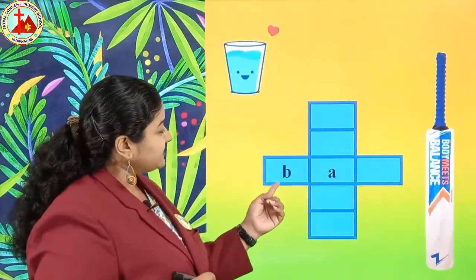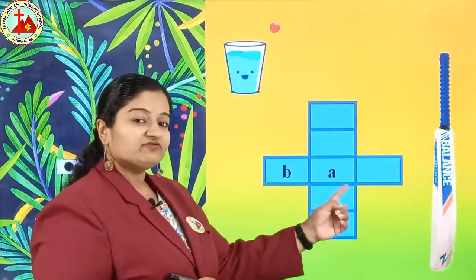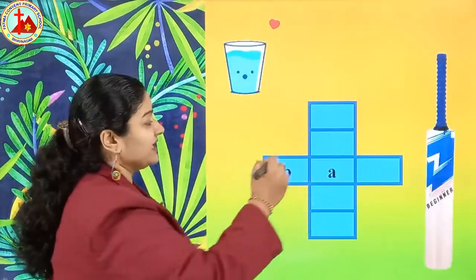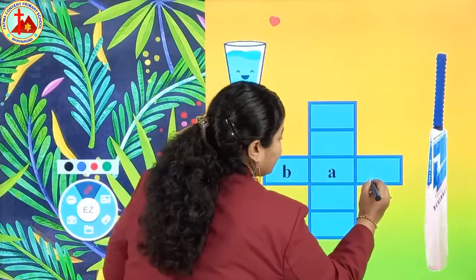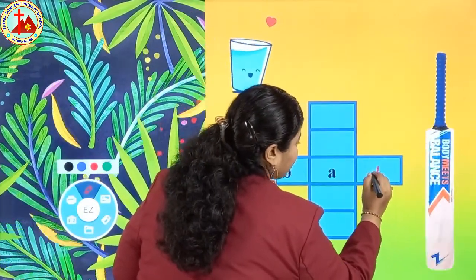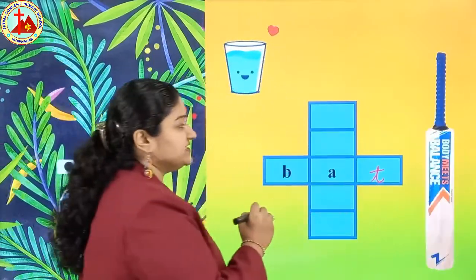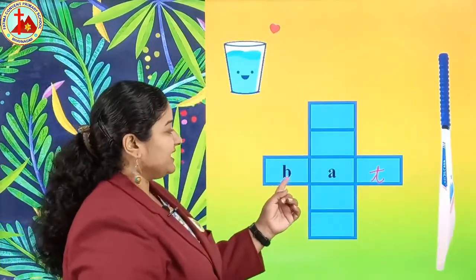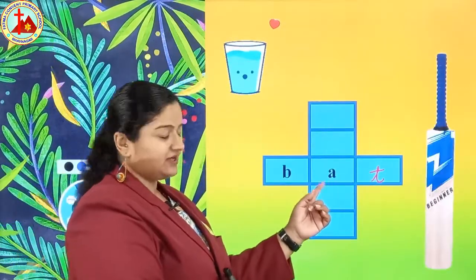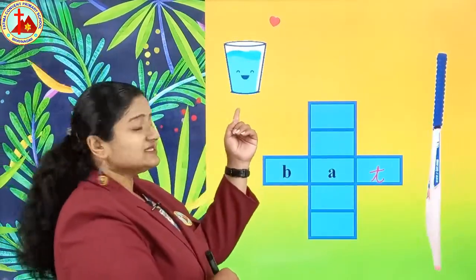Here it is written B-A. You have to write T, but cursive small t. Touch the down line and write T. Put a dash on T. So, which spelling is completed? B-A-T, bat.